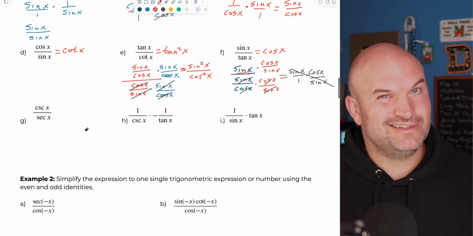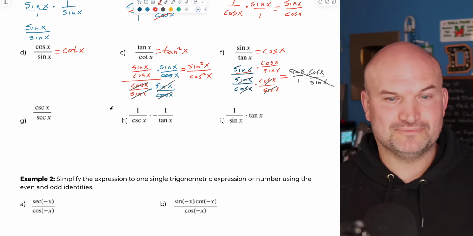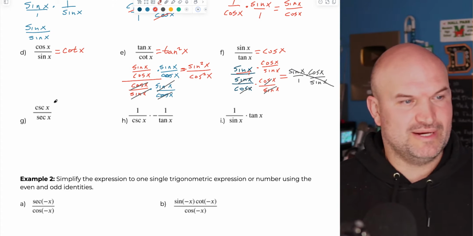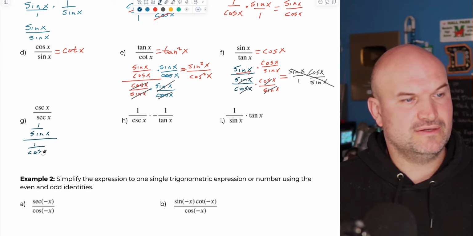All right, more fractions. You can see, guys, we need to get better at these fractions, right? It's kind of important here. All right, so in this one, again, I'm just going to rewrite everything in terms of sines and cosines. So I have a 1 over a sine of x divided by a 1 over a cosine of x.